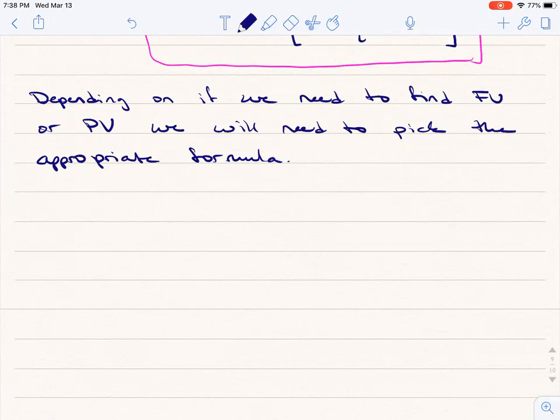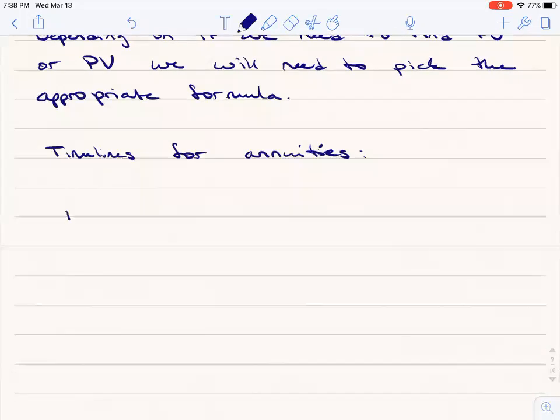As far as our timeline goes, timelines for annuities will still look like this.